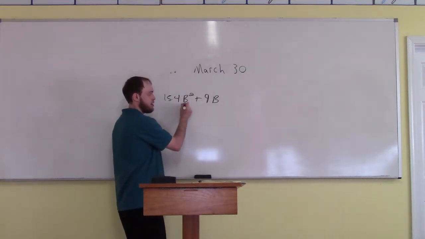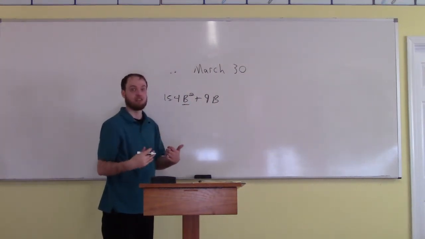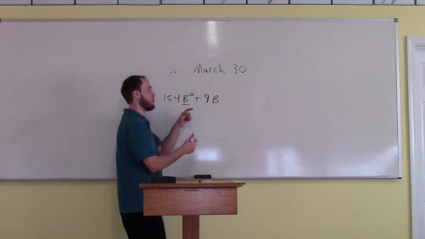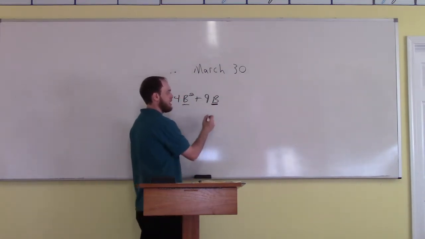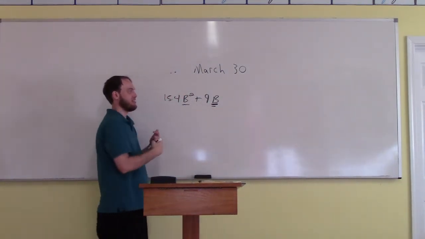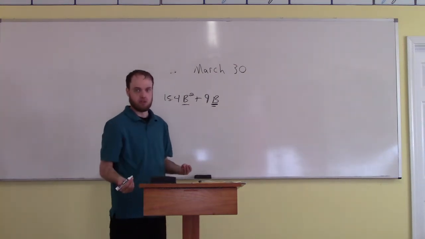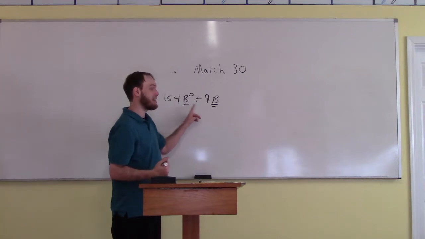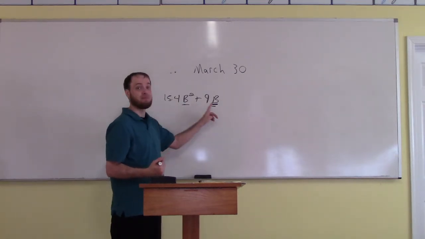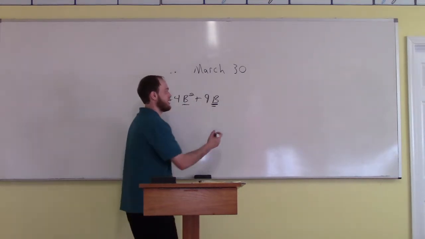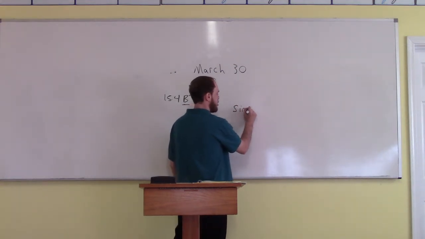We have b squared, so that means to match it, for it to be a like term, it has to be a b squared. But we're dealing with 9b on the other side. So the b is not the same as the b squared, which means they're unlike terms, which means we cannot combine them. And so if we cannot combine them, then that means it is simplified.